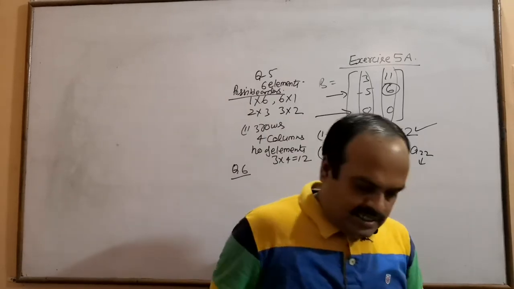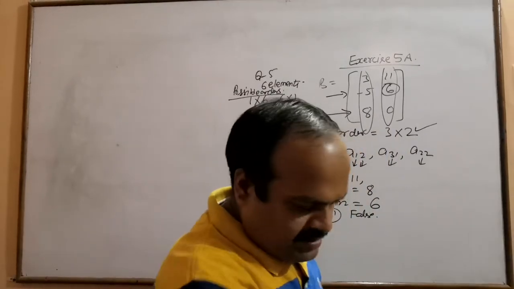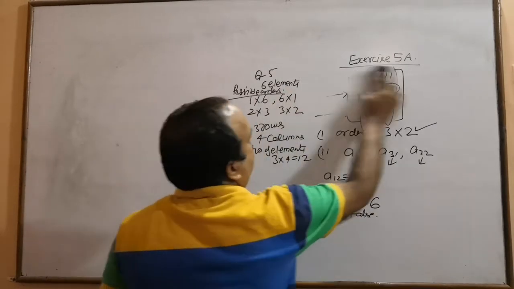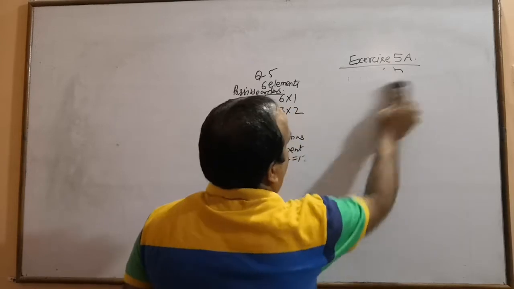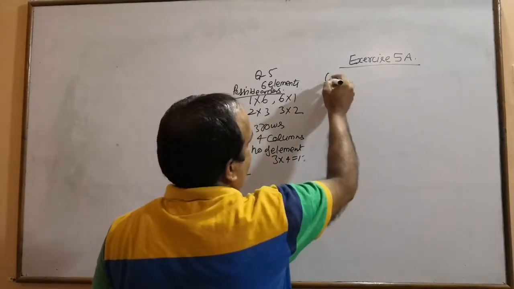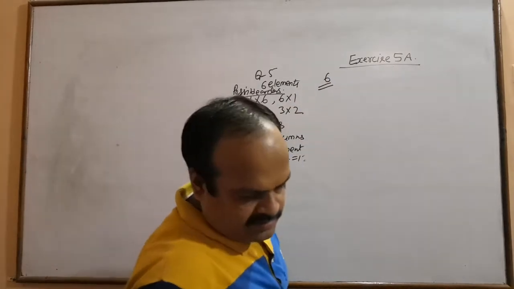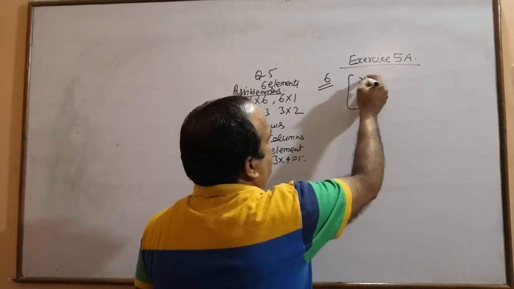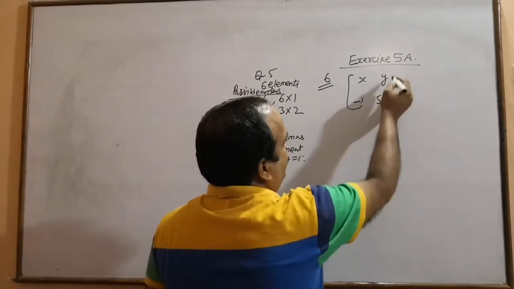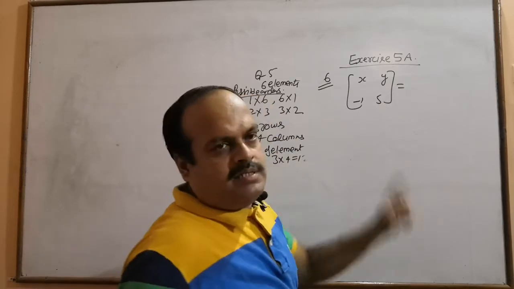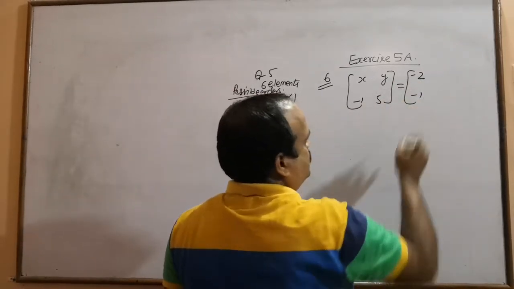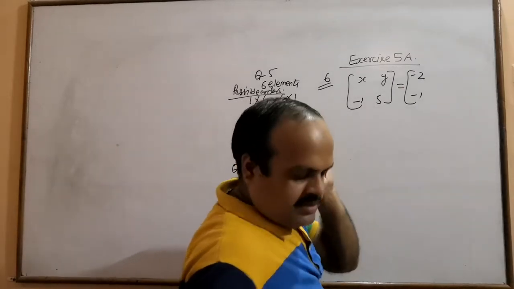Question number 6. What do we have in this question? We have to find the value of x and y such that the matrix x y, minus 1 5, is equal to another one, minus 2 minus 1, 0 5.